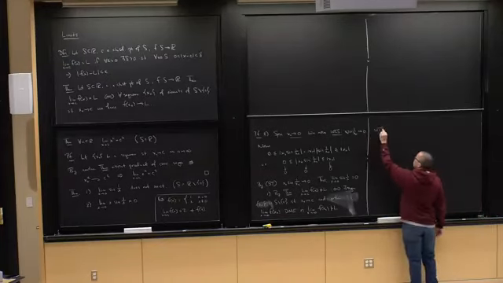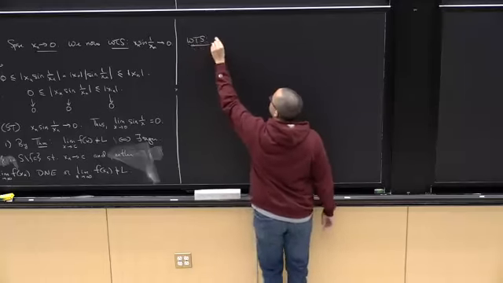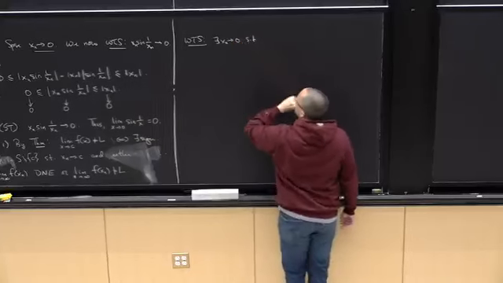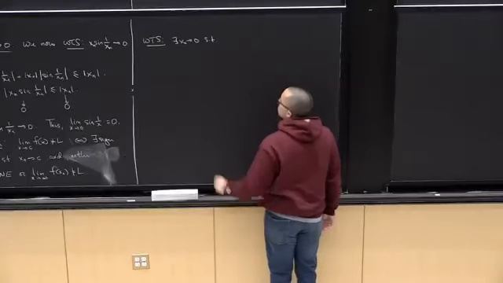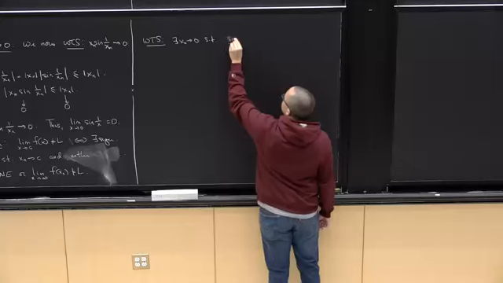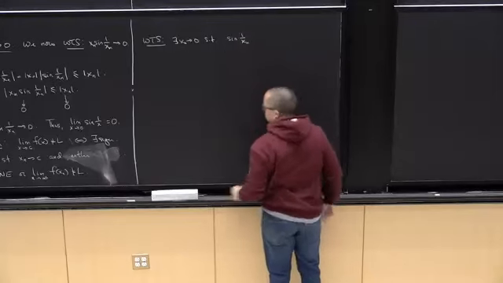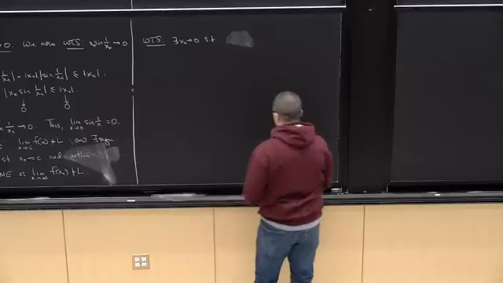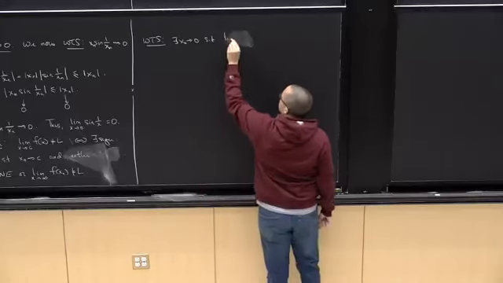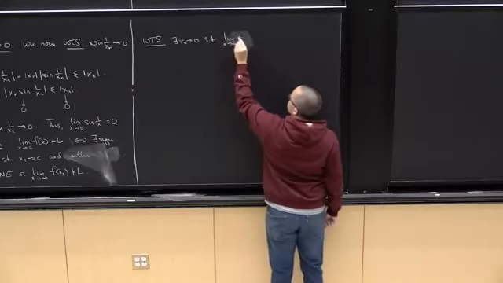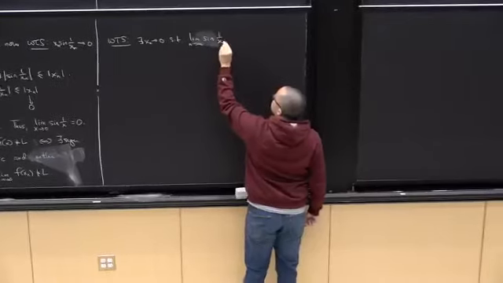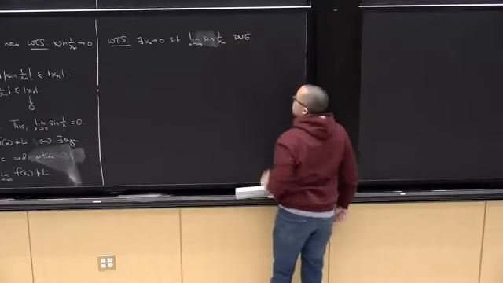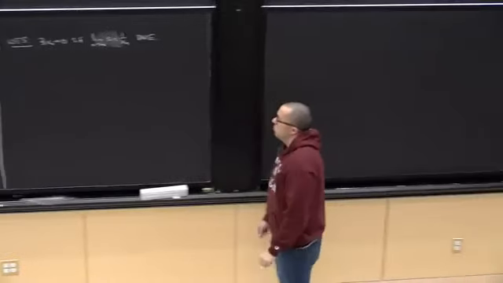So, to show there exists a sequence converging to 0 such that the limit as n goes to infinity of sine of 1 over x_n does not exist. Okay?